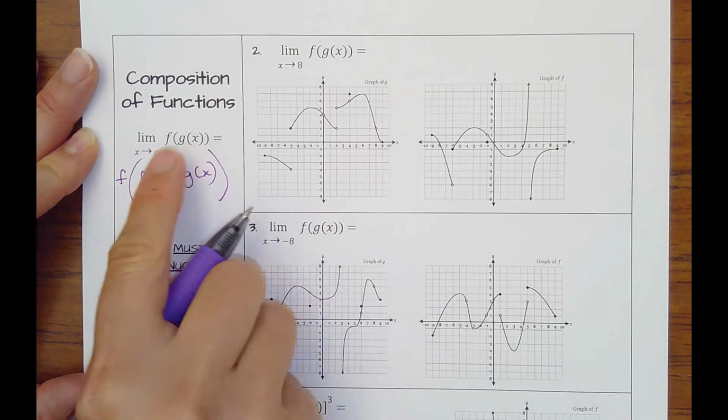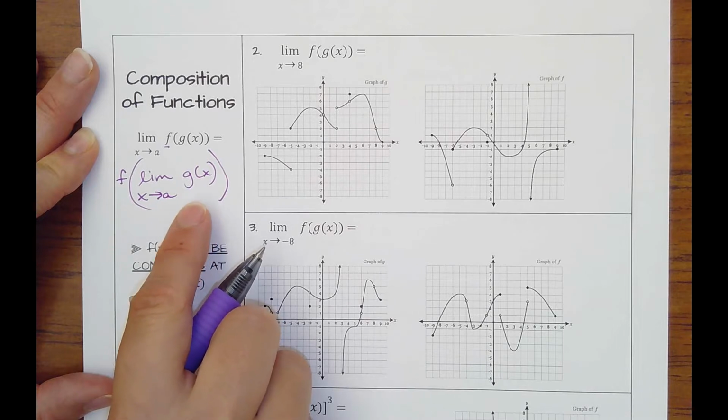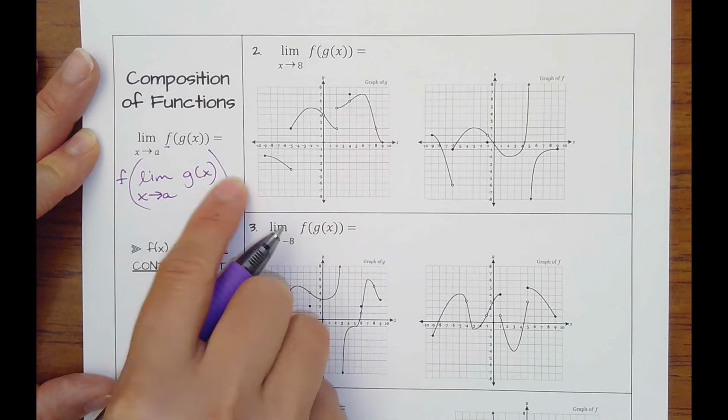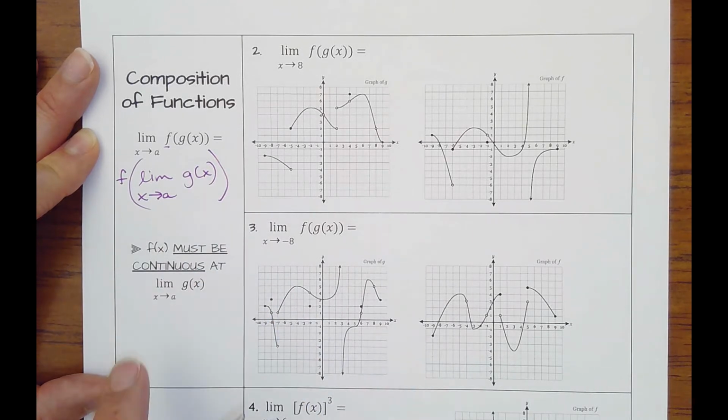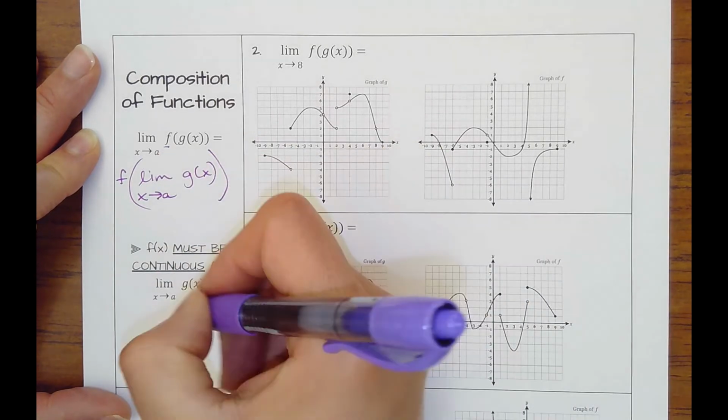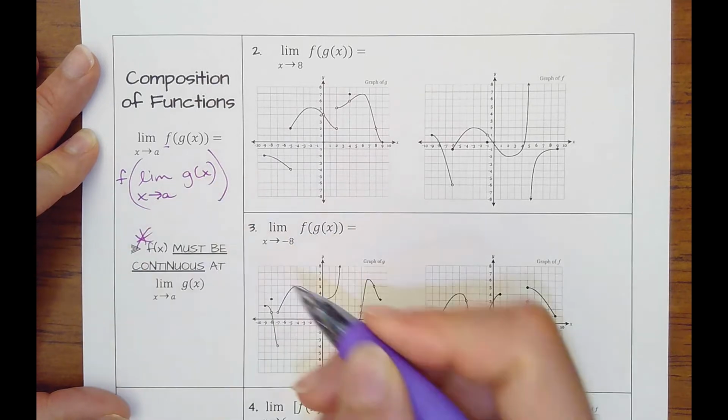That's what it becomes. So we're actually evaluating this inner piece first, the limit as x approaches a of g of x, and then we'll find f of that value. But here's a side note that's very important. f of x has to be continuous at that value where you find the limit of g of x. So that's very, very important.